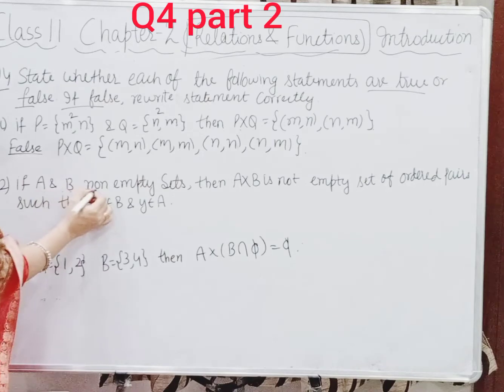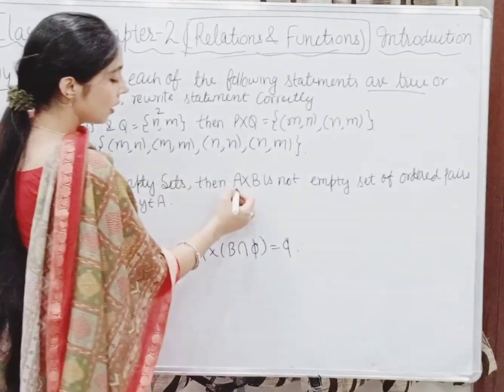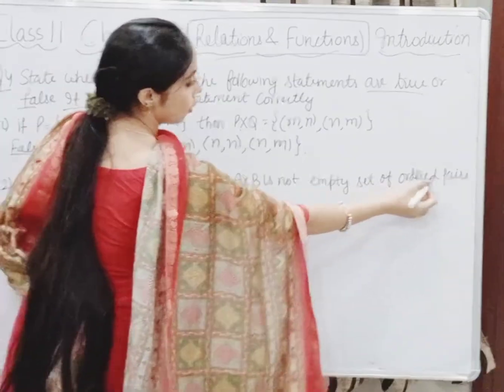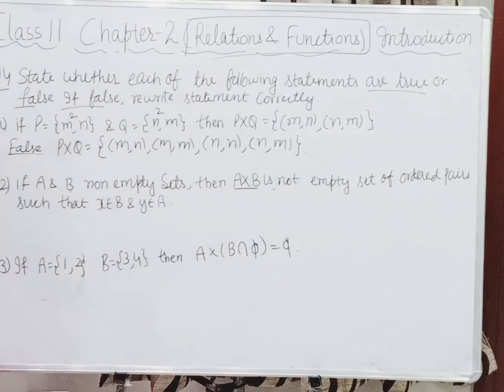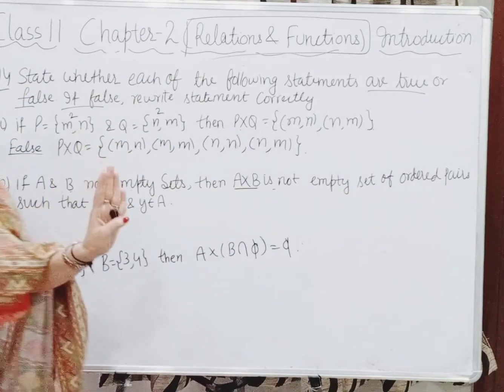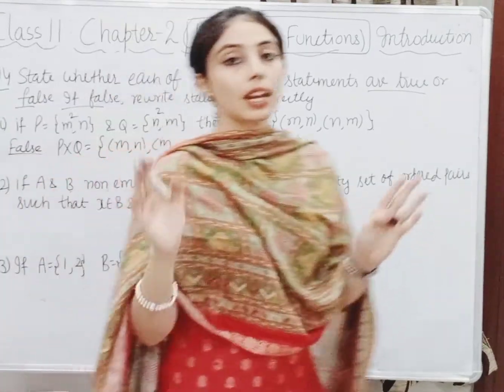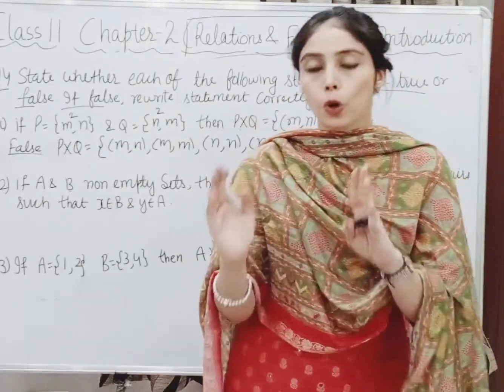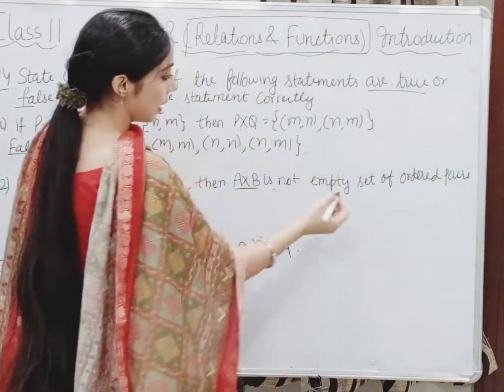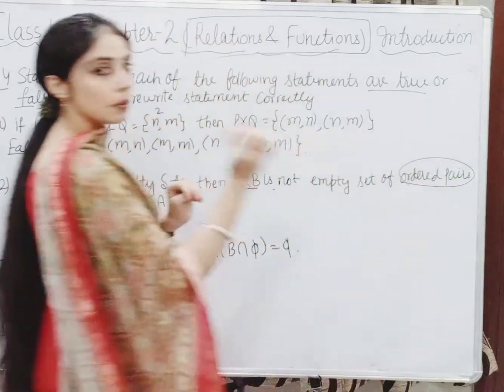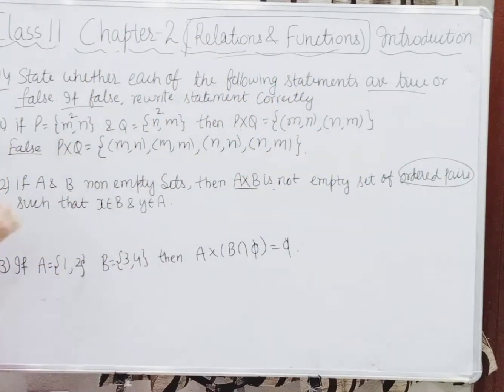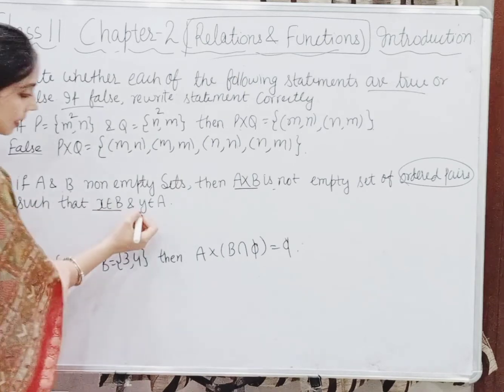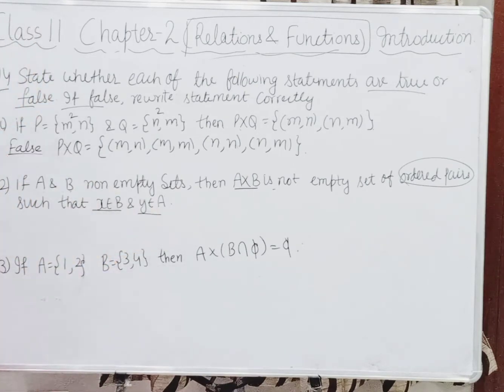Next: if A and B are non-empty sets, then their product is a non-empty set of ordered pairs. Yes, this is correct. If we have 2 sets which are non-empty, their Cartesian product is also non-empty and contains ordered pairs. But in the next line it is given that the first element belongs to the second set and the second element belongs to the first set.